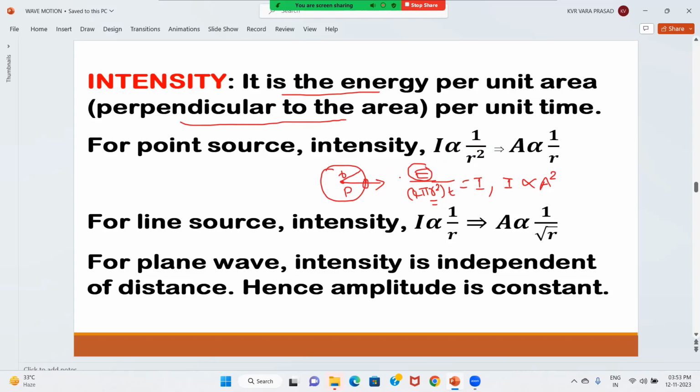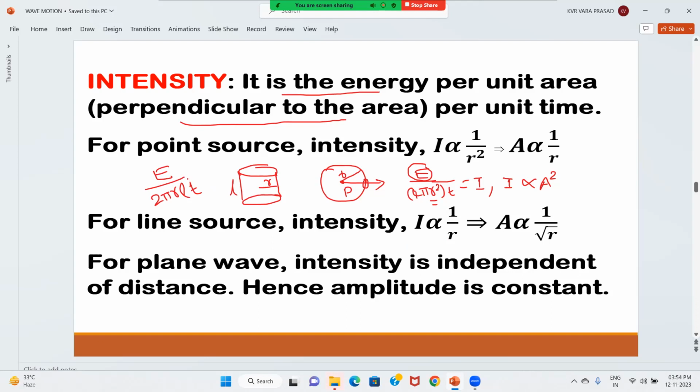For a line source, see the next one. For a line source, intensity is proportional to 1 by R. You can guess this easily because we are taking a cylinder. Energy per unit area: if the radius is R and the length is L, the surface area is 2 pi R L. Energy per unit area per unit time is intensity.